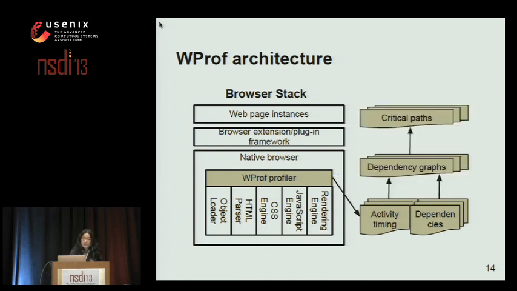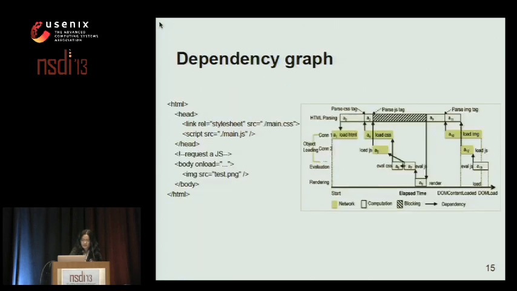With these two kinds of information, we do analysis offline, first to generate the dependency graphs, and then to identify the bottlenecks, we apply critical path analysis on top of the dependency graphs. Now let's take a deeper look at dependency graphs and critical path analysis. Here is an example of the dependency graph of the page on the left.